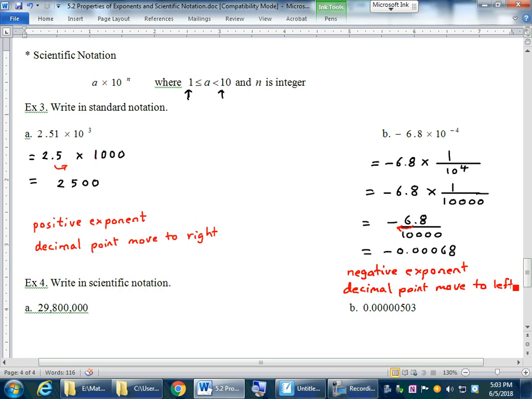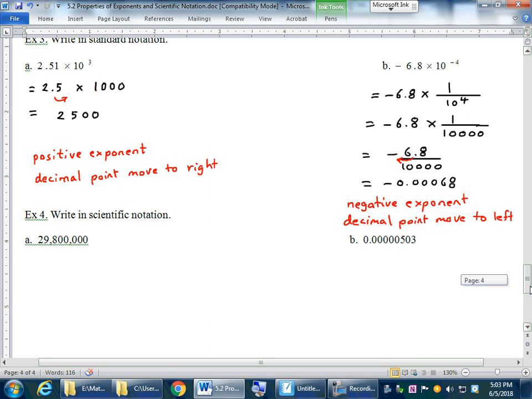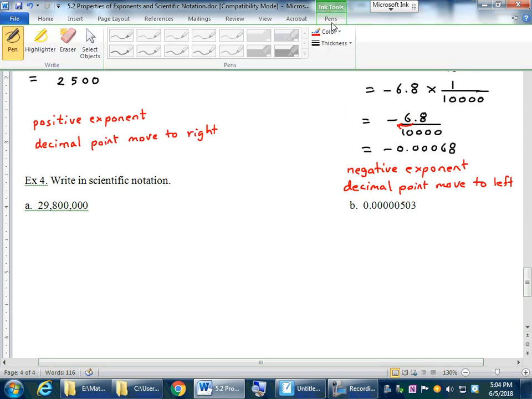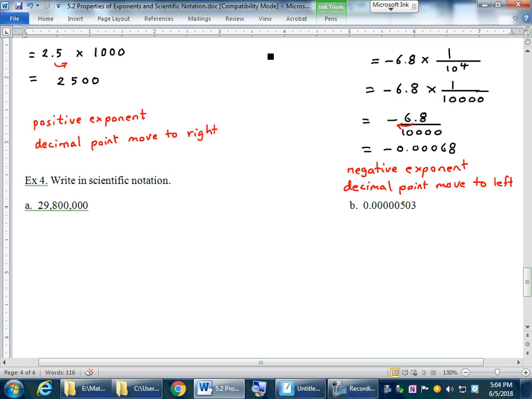So next up, we want to see a standard number converted into scientific notation. Remember, scientific notation is in this format: a times 10 to the n power, and a must be between 1 and 10. So first thing is, how do I write 29,800,000 as a number smaller than 10 and greater than 1?